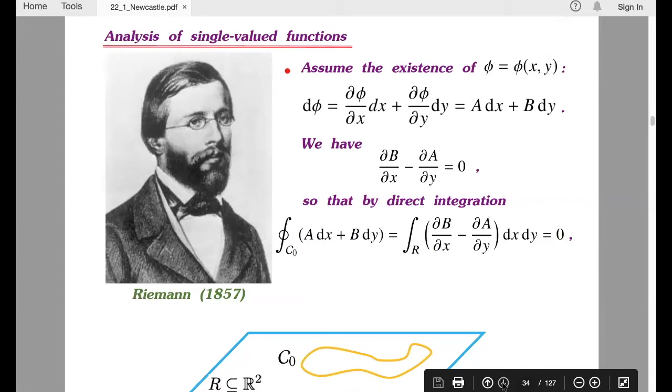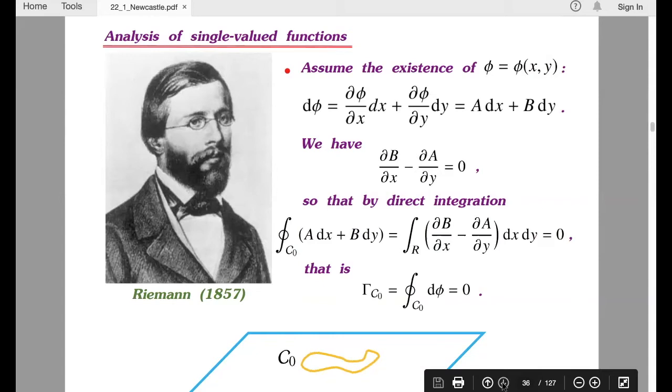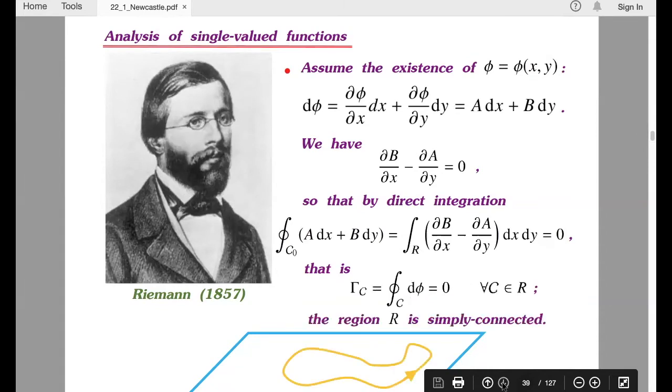Anyway, if this is 0, it means that for exact forms, we can establish that the circulation over a closed curve, over a loop, is 0. And no matter how this loop is drawn on the plane, even a point would do.